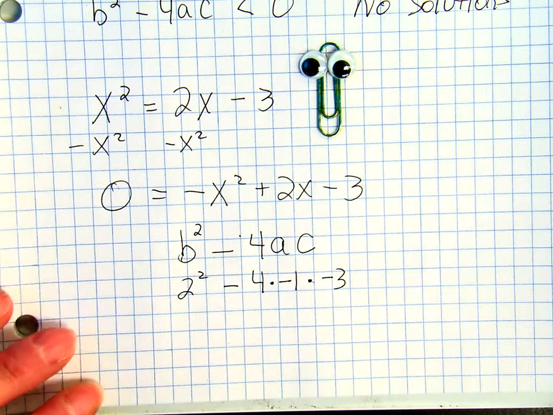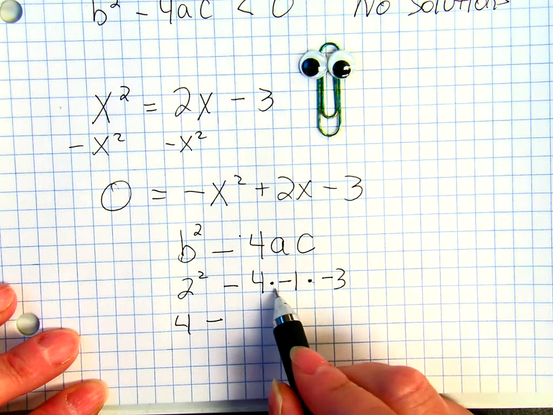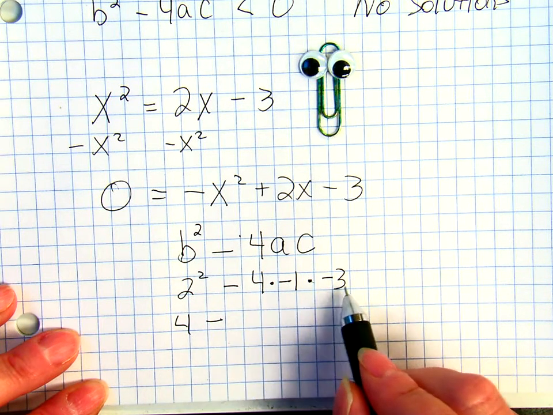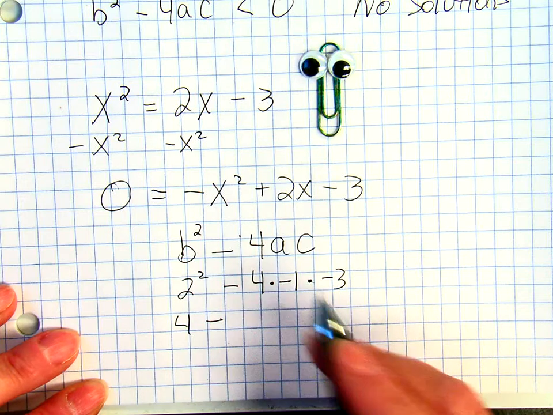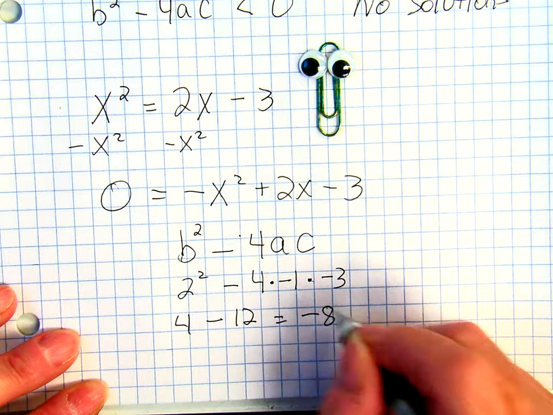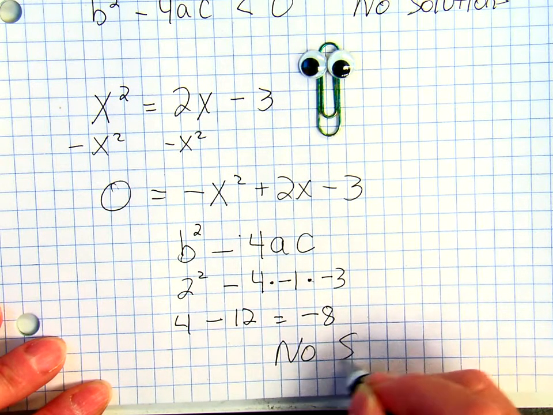Okay, so this gives us 4 minus 4 times negative 1 is negative 4. Negative 4 times negative 3 is 12. Which is equal to negative 8, which is less than 0. So this would have no solutions.